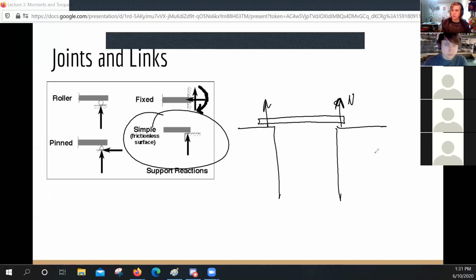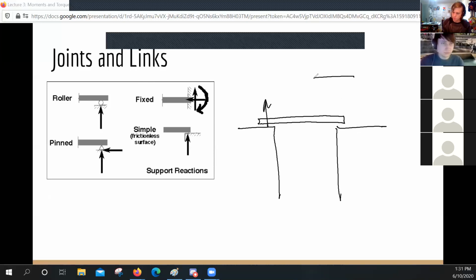It means it's just something sitting on something else. And it only applies a force in the y direction, or depending on where it is, like we could say instead this board was up against a wall, in which case it would be applying a force in the x direction. But basically it's just something butting up against something else, so it's only really constraining it in one direction. So that's a simple joint.